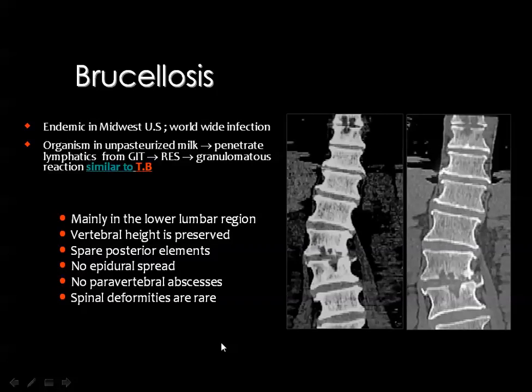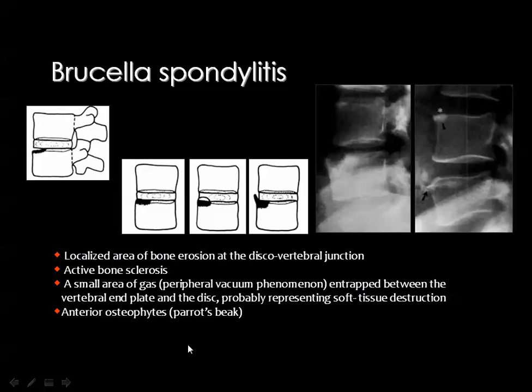Also, one of the supportive diagnostic criteria is the presence of osteophytes and bone sclerosis at the level of the lesion, especially this kind of osteophyte, which is similar to a parrot beak, and you see it at the area of infection together with erosion, and you can see also a sclerotic reaction.